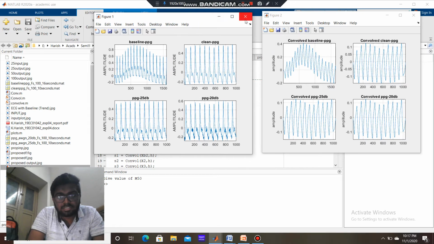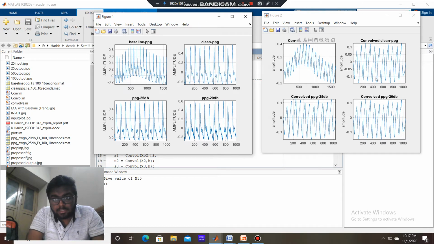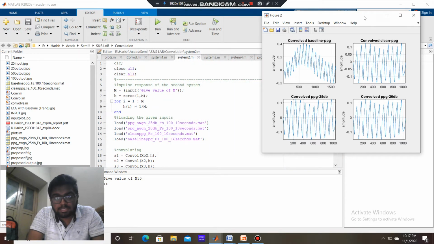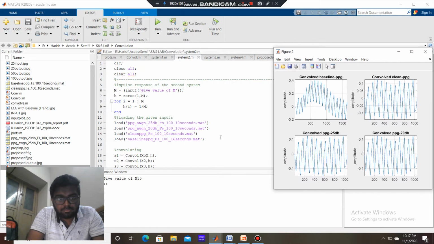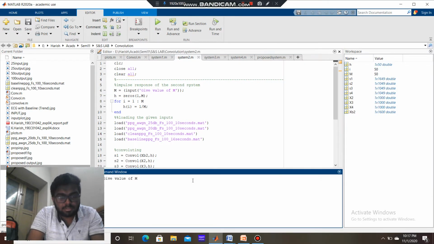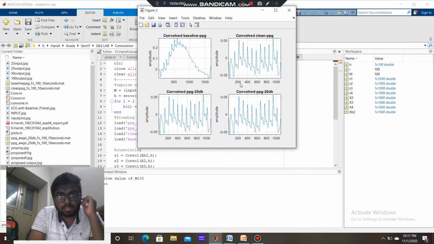These are the four given signals, and this is the convolved output for m equals 50. Now let us keep this aside and look at m equals 100. Here this is for m equals 100.